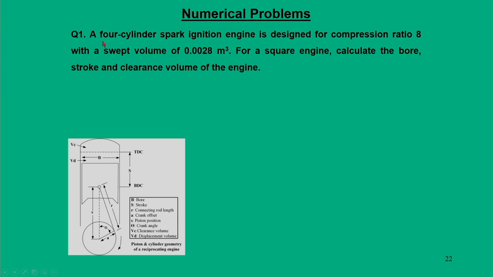The first problem: there is a 4-cylinder SI engine designed for a compression ratio of 8, with a swept volume of 0.0028 meter cube, and it is a square engine. We have to calculate the bore, stroke and clearance volume of the engine.